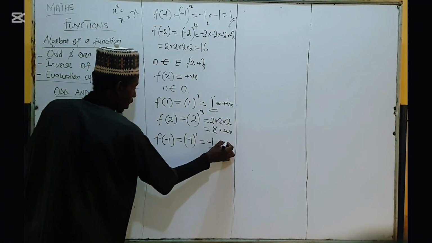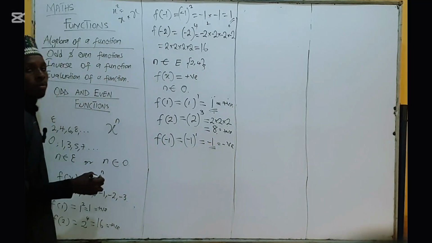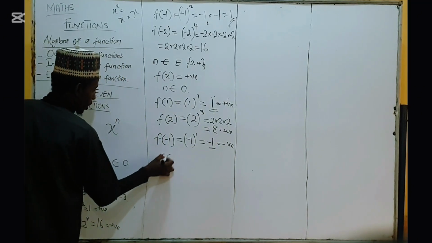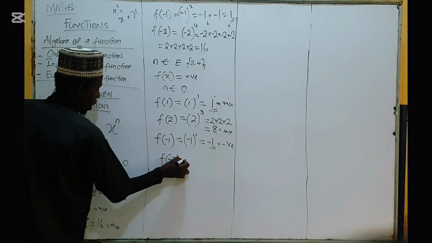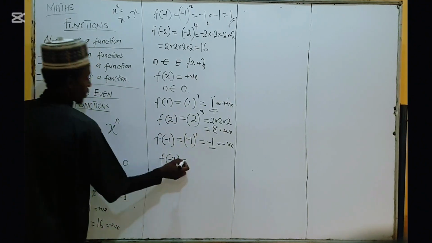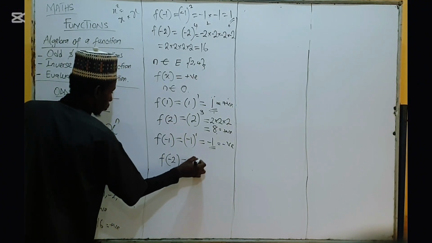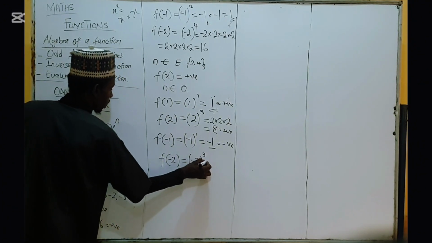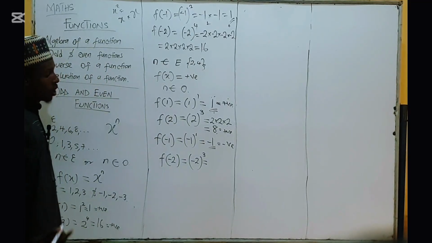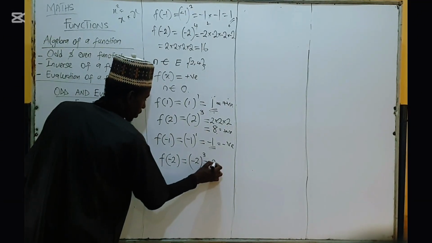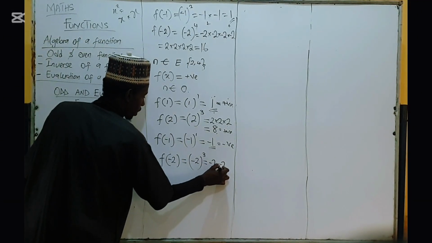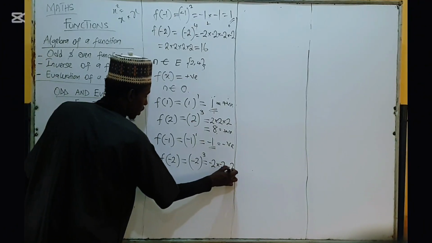And which means we have a negative number. Okay, now let us try f of minus 2. F of minus 2, when the power is 3, we have minus 2 raised to the power of 3. And what is minus 2 power 3? It is minus 2 times minus 2 times minus 2.